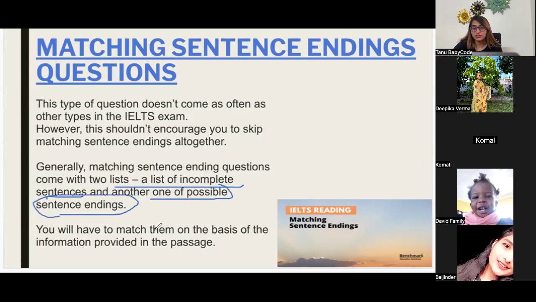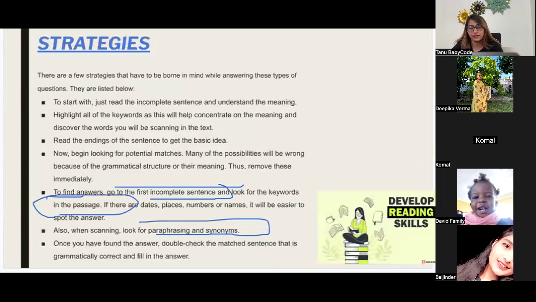You have to match them on the basis of the information provided in the passage. You will get incomplete sentences, and you have to match them with their sentence endings.